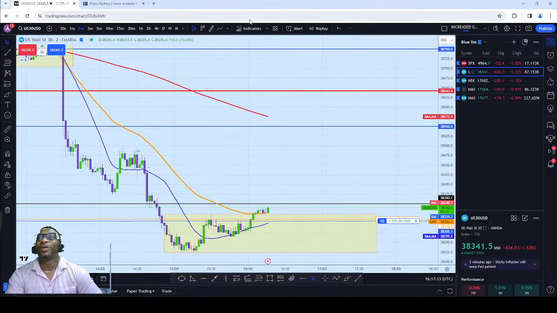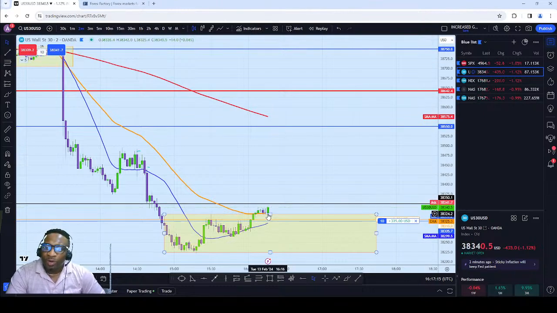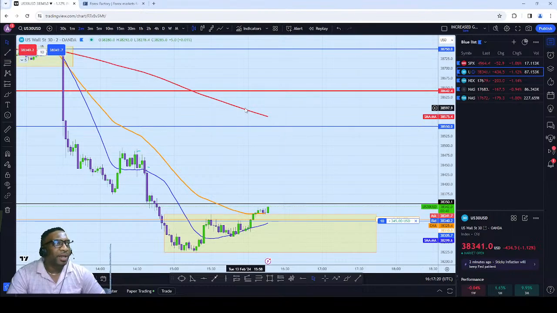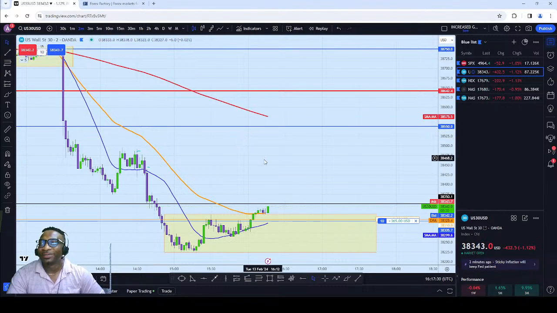We want it to move up, go all the way back to where it came from, then we'll be smiling to the bank. But that is our expectation, but it might not happen. So whatever it gives us, we will take it.